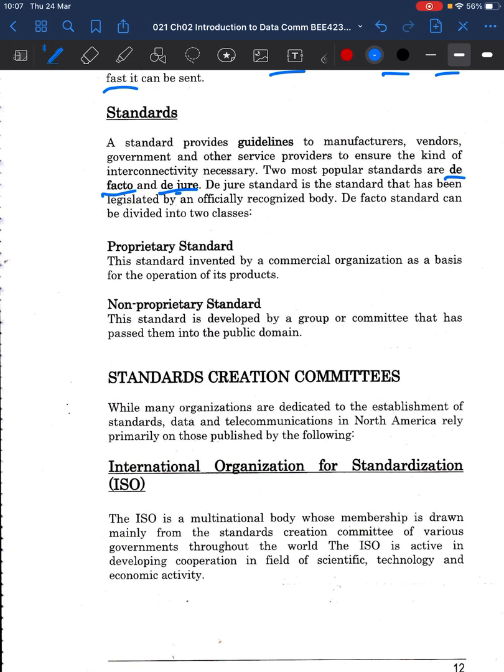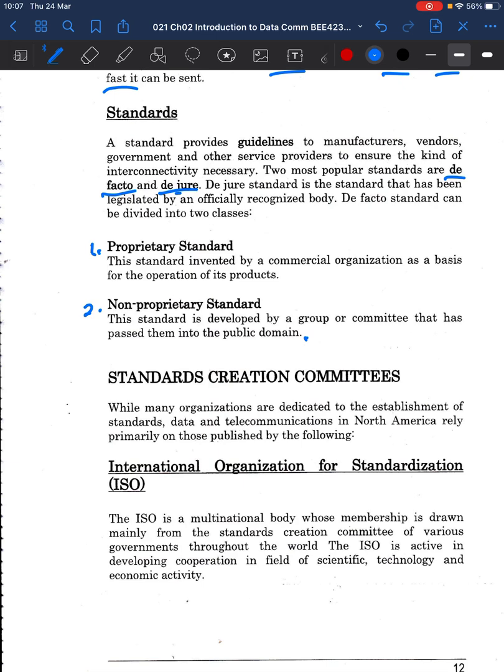The de facto standard can be divided into two classes. First is a proprietary standard. This standard is invented by a commercial organization as a basis for the operation of its own products. Second is a non-proprietary standard. This standard is developed by a group or committee that has passed it into the public domain.